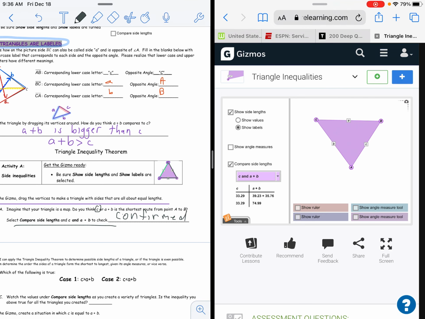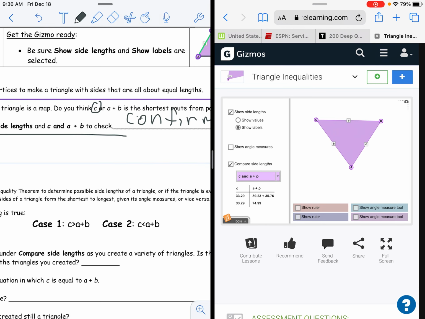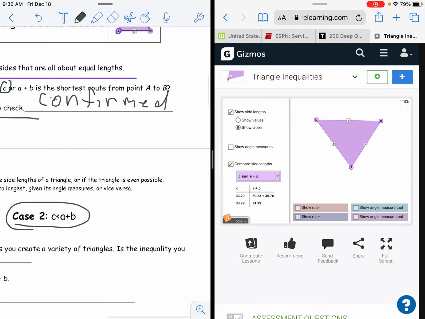Cool beans. So which of the following is true? Case 1, where C is greater than A plus B, or case 2, where C is less than A plus B? It's actually going to be this, all right? And to put it in terms of this gizmo, this is really important. Case 2, where C is less than A plus B: 33.29. Your numbers might be a little bit different if you have this gizmo up as well as you're listening.